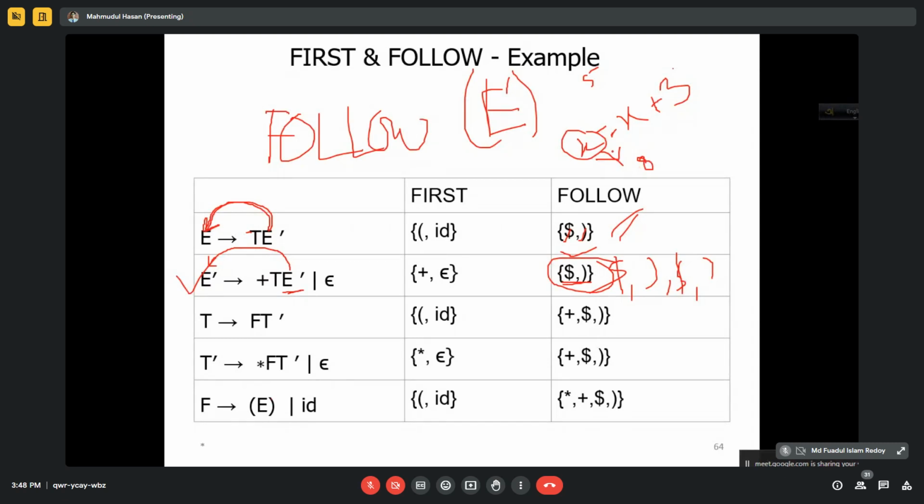So you already calculated the follow of E dash: dollar and closing bracket. So again the follow of E dash equals the follow of E dash, that means again dollar and closing bracket.